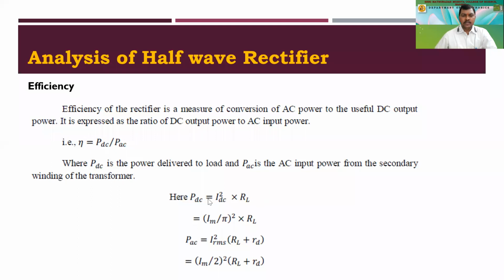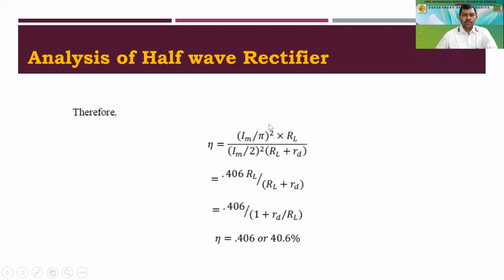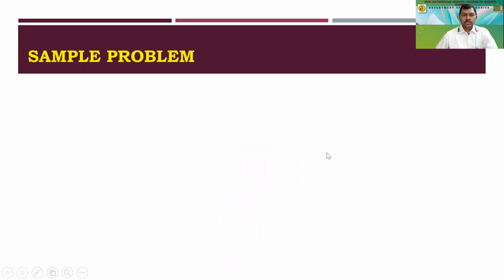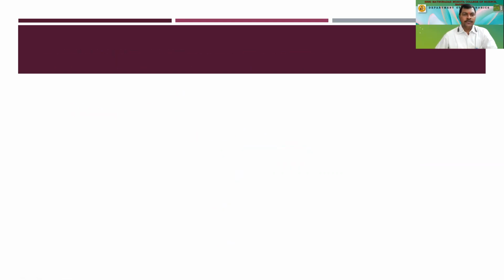To substitute, we'll get this. And PAC is equal to I square RMS into RL plus RD. So we have Im square by 4 multiplied by RL plus RD. And further, if you derive it, eta comes out to be around 40.6% if you go on solving this. So this is all about the half wave rectifier.